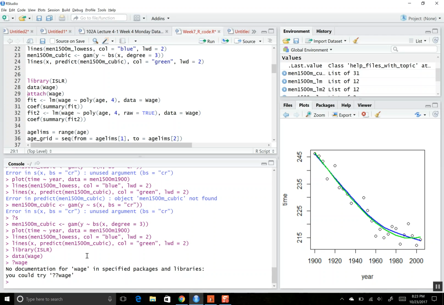We got reported back the wage of a whole bunch of different people, and we collected information on their age and all sorts of other things.